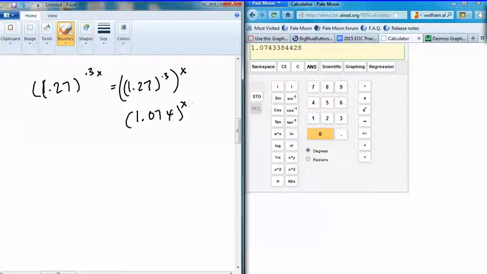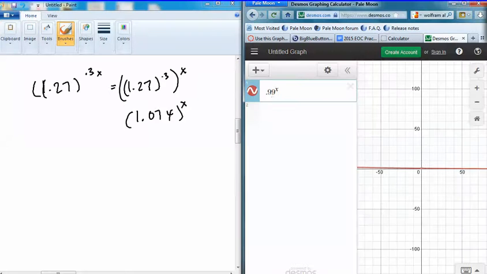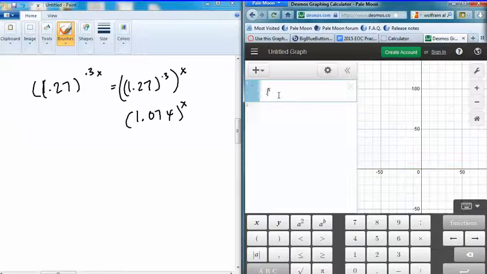Now if I graph that, I know that that's not going to be exponential decay. That's going to be exponential growth. Why is that? Well, because I'm dealing with a number bigger than 1. If it's smaller than 1, it's going to be exponential decay. If it's bigger than 1, it's going to be exponential growth. If it's equal to 1, it's going to be a straight line.